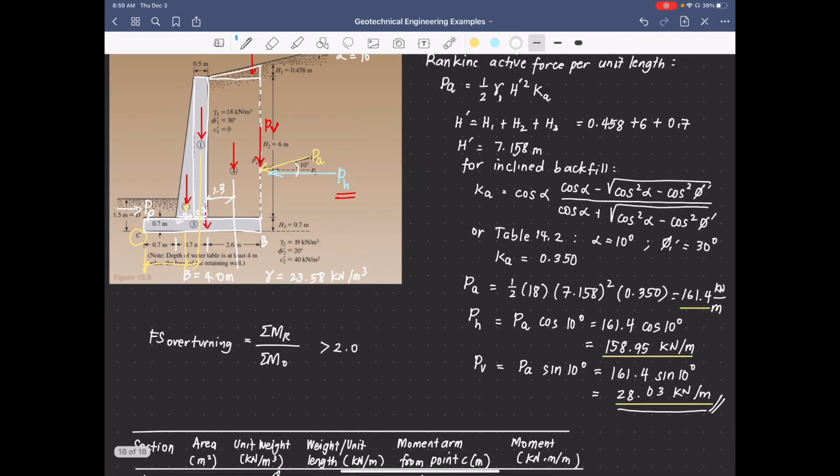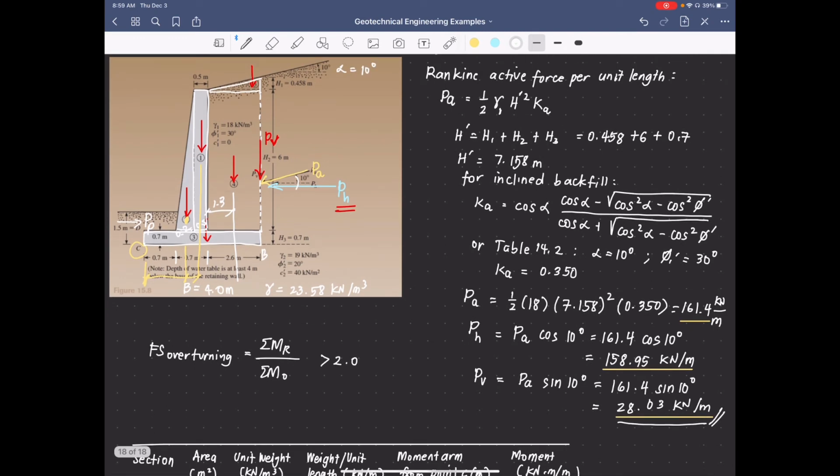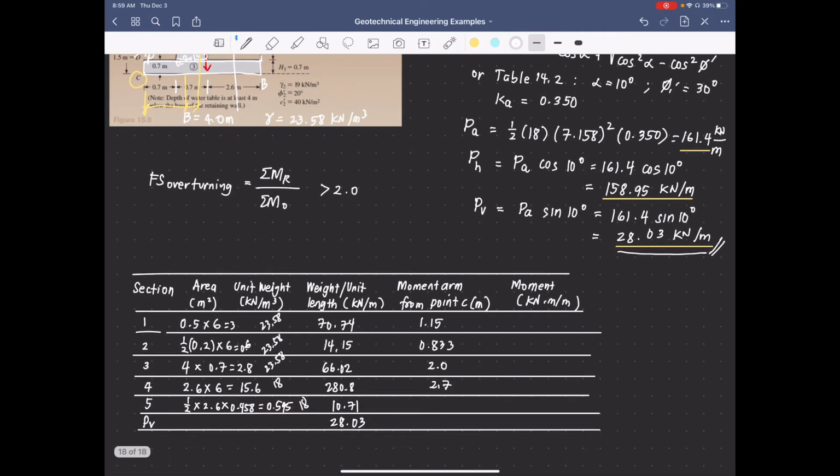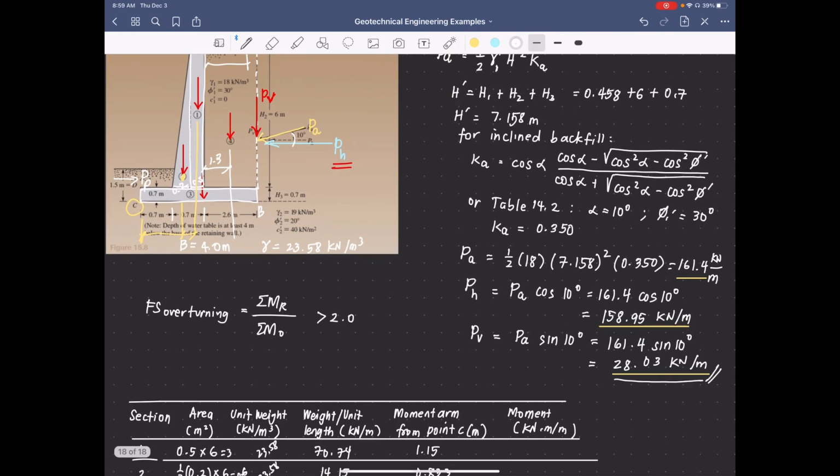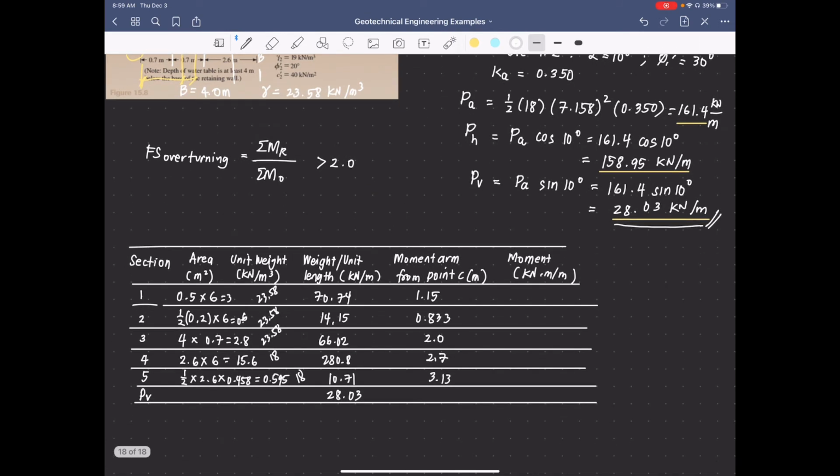And the distance of our section 5 here from C, that would be 1.3 plus 2/3 of 2.6. And that will give us a distance of 3.13. While the distance of our P_V here is, of course, 4 meters. There you go.